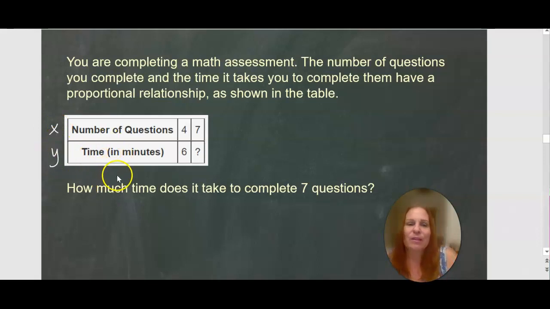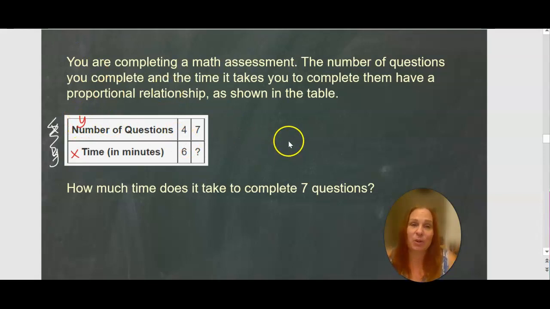So we could actually solve this either way. We could make time x, which I think makes more sense, or we can make time y. So, time is usually independent, so I'm going to go with making this x and this y.